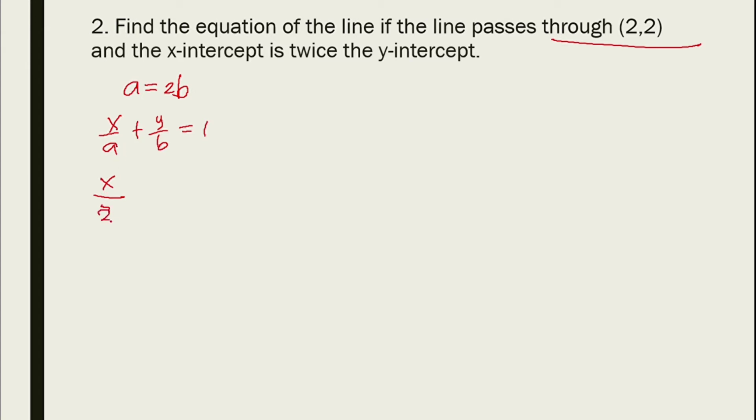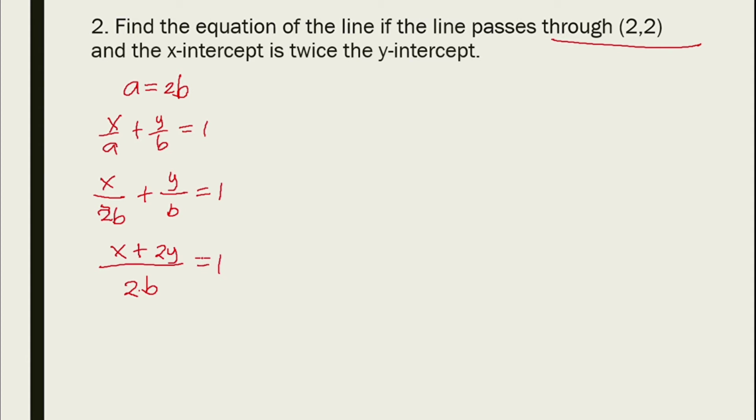Our a now is 2b, plus y over b equals 1. Take the LCD, which is 2b. So 2b divided by 2b is equal to 1, this is x. And 2b divided by b is equal to 2. Then this is 2y equals 1.